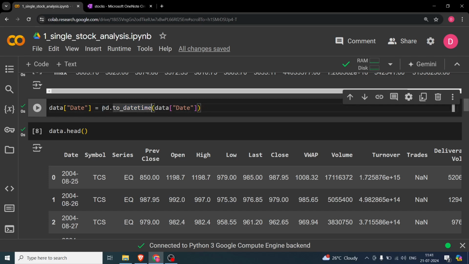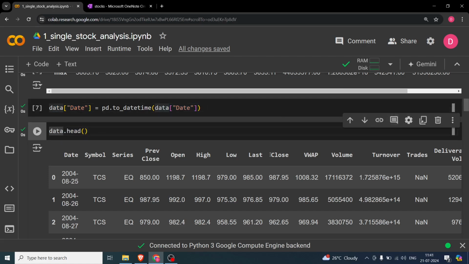We will be using this in every stock market data analysis, so just remember this. After that we will write it back into the same column, so we are not creating any new column. After that you can show the data. Everything remains the same, only the data type of this column has changed.